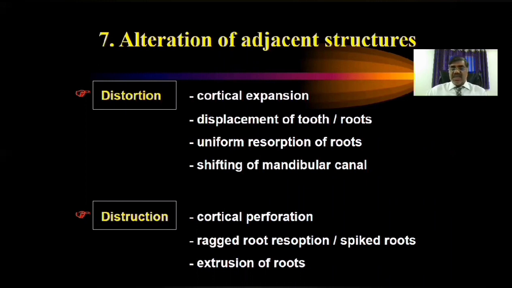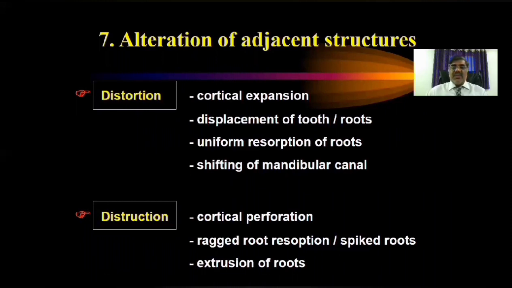So the last feature of the feature recognition method is the alteration of adjacent structures. Benign, slow growing, cystic pathologies generally distort the adjacent structures. What it will do is cortical expansion, displacement of the tooth or root, uniform resorption of the root, shifting of the neurovascular bundle, something like the mandibular canal or maxillary sinus.